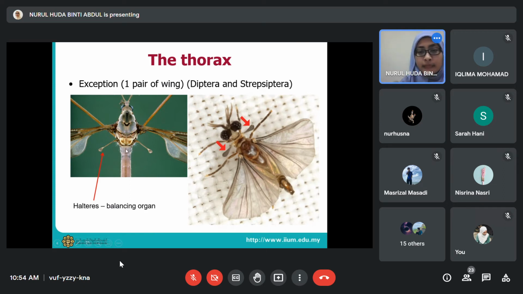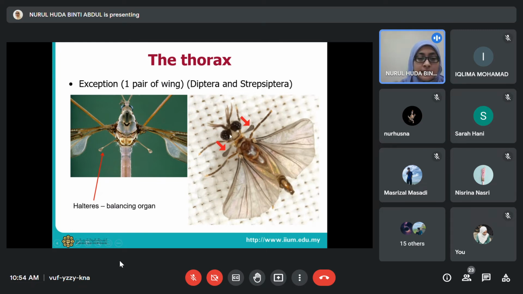Okay, and for Strepsiptera, the forewing is actually modified into an organ for balancing, but we call it only as halteres-like. You have to put it halteres-like, since it doesn't have a common name for this part.